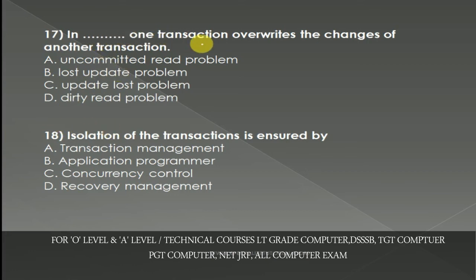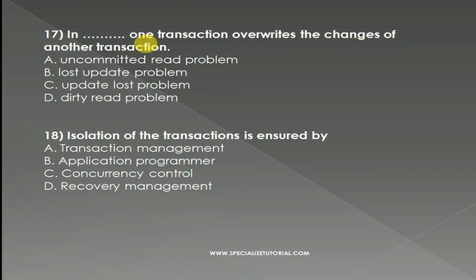In dash, one transaction overrides the change of another transaction. Options are uncommitted read problem, lost update problem, update lost problem, and dirty read problem.